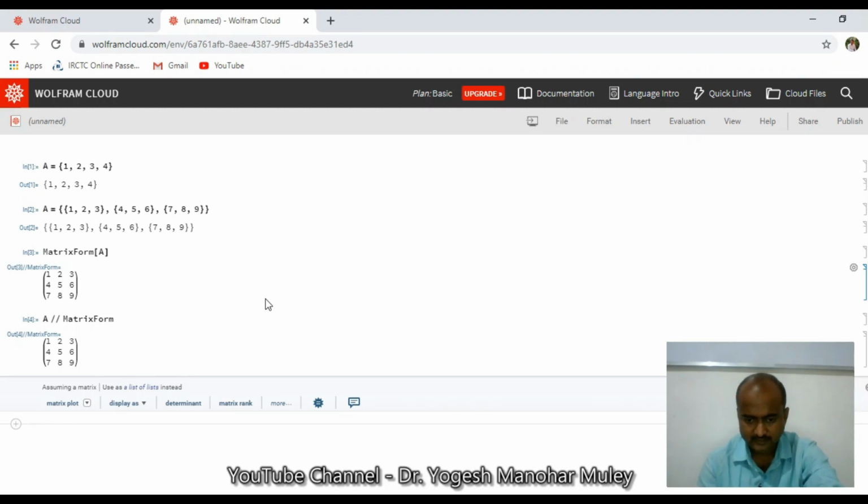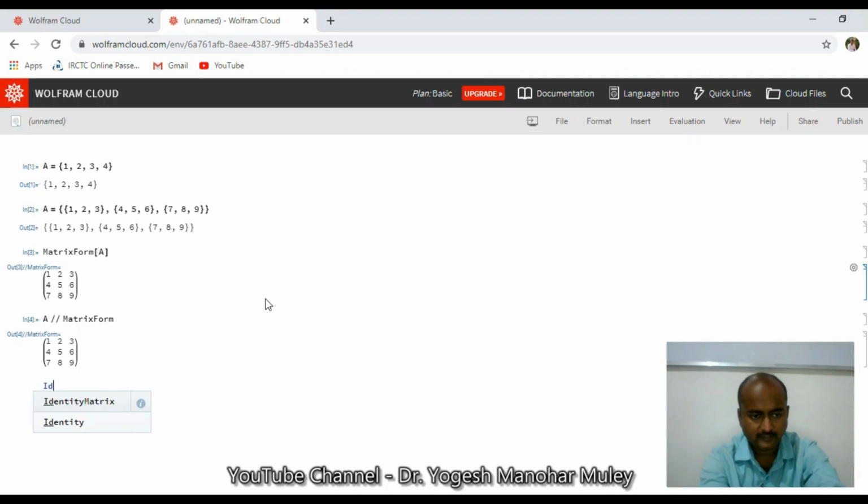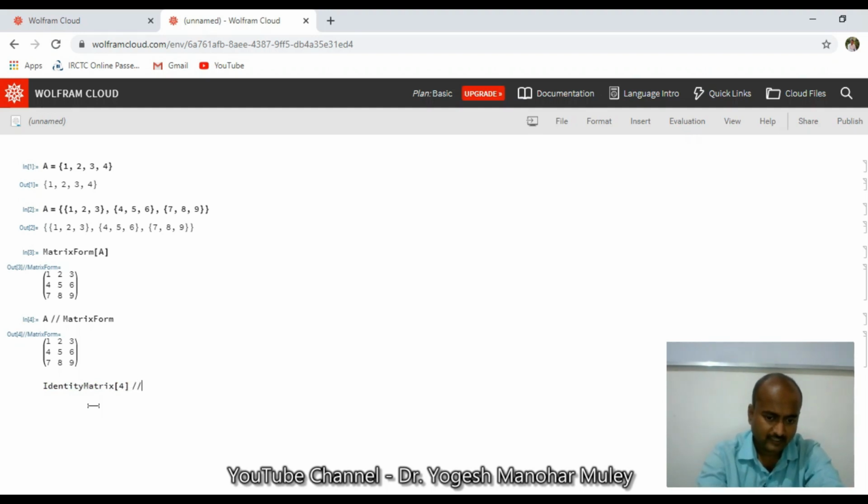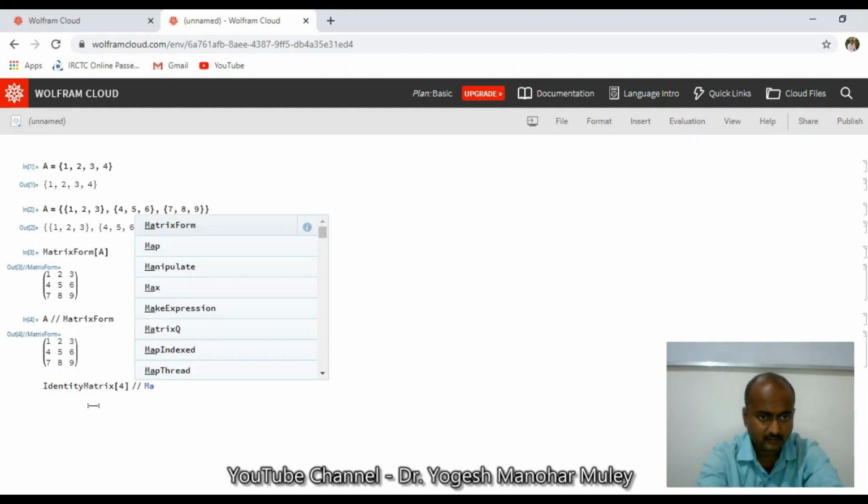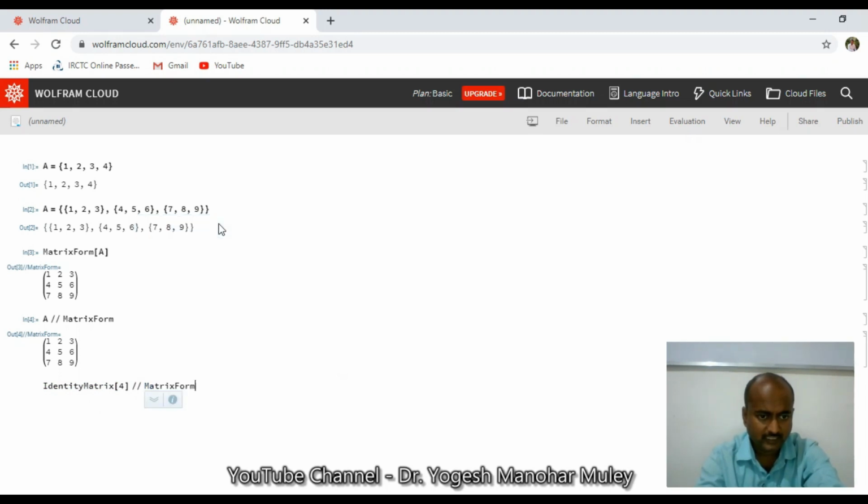So after this we'll prepare an identity matrix. Okay, we'll directly write IdentityMatrix, and for this we have to give the order, 4, and this should be in the matrix form. So I'll give MatrixForm here and shift enter.